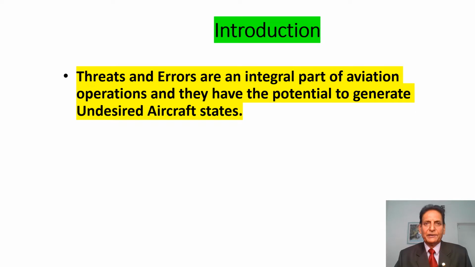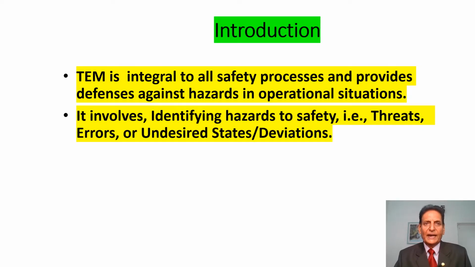Threats and errors are an integral part of aviation operations and they have the potential to generate undesired aircraft states. Threat and error management is integral to all safety processes and provides defenses against hazards in operational situations. It involves identifying hazards to safety, that is threats, errors, or undesired states/deviations.